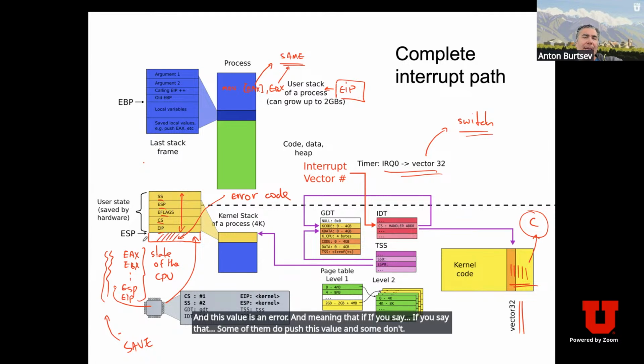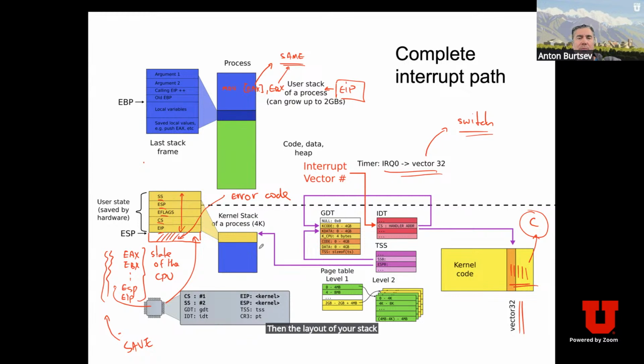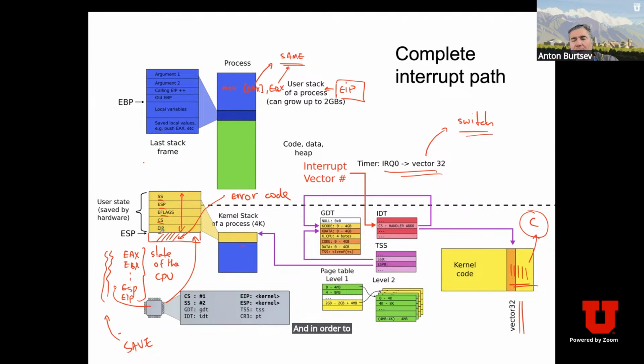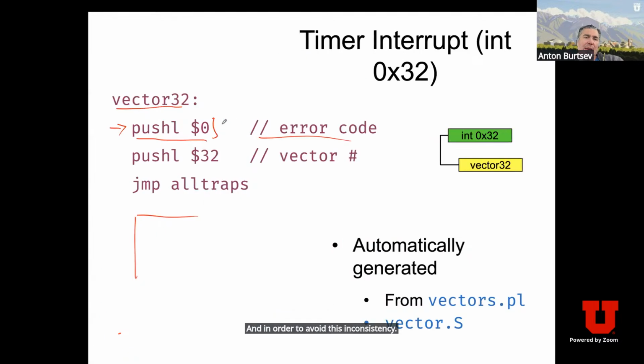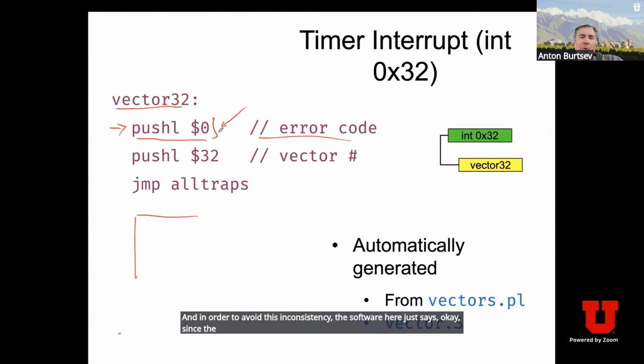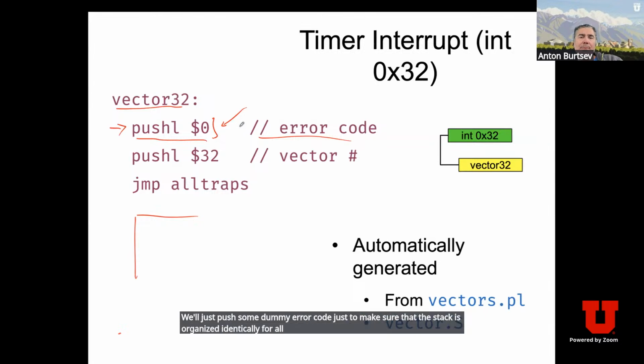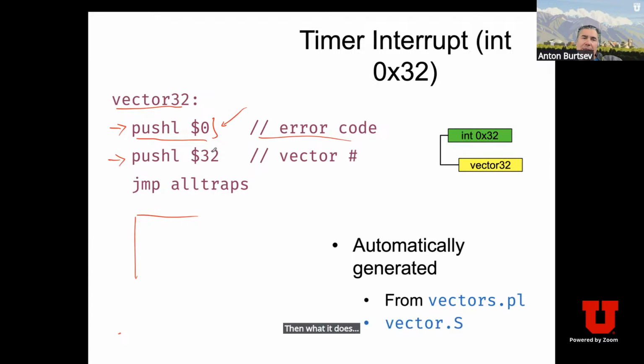Then the layout of your stack inside the kernel is slightly different: for some interrupts you have an extra field, and for some you don't. To avoid this inconsistency, since the hardware didn't push the error code, the software just pushes a dummy error code to make sure that the stack is organized identically for all interrupts. Make sense?